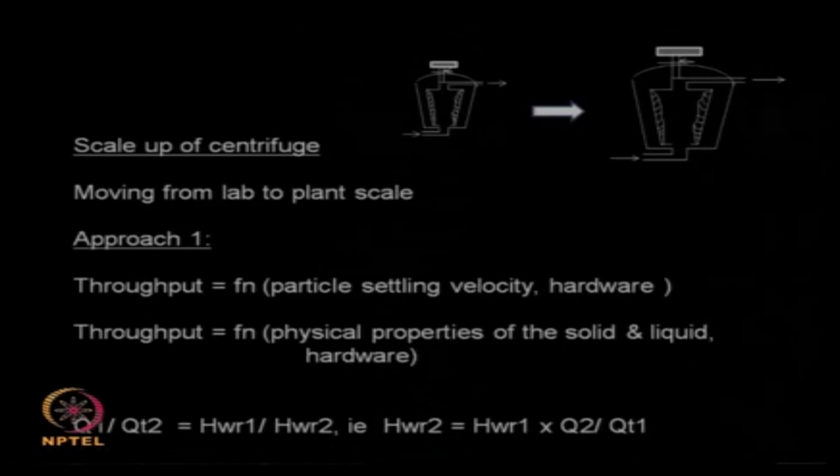Okay. So Q2 by Q1 tells you how much scale up I am going to perform with respect to throughput. So you multiply the hardware 1 values with this particular ratio of Q2 by Q1. Okay, let us look at a problem.